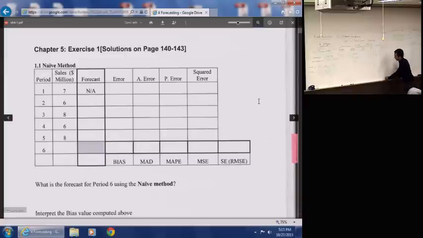R squared equals 60.5% means that the variable on the right hand side, in this particular example price, can explain the variable on the left hand side, in this case the demand.